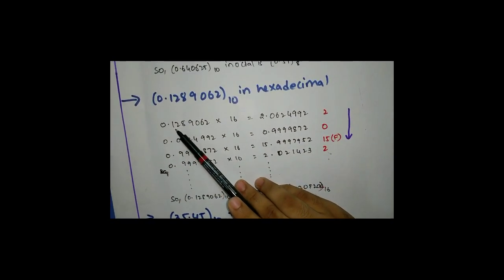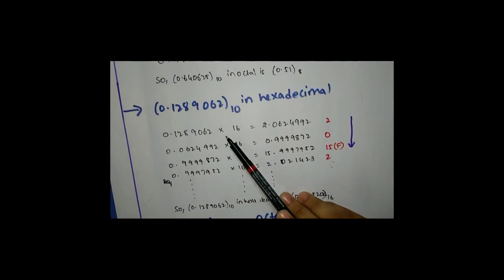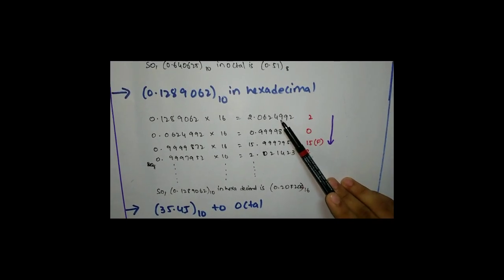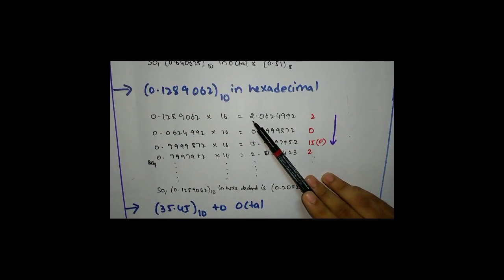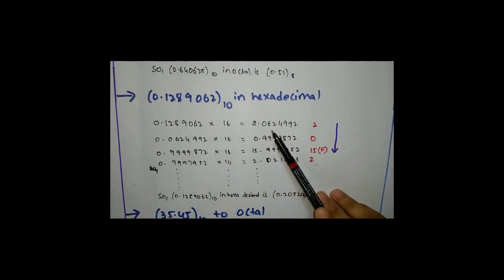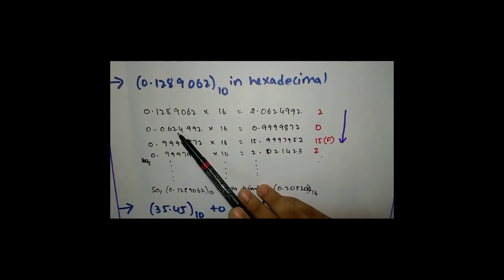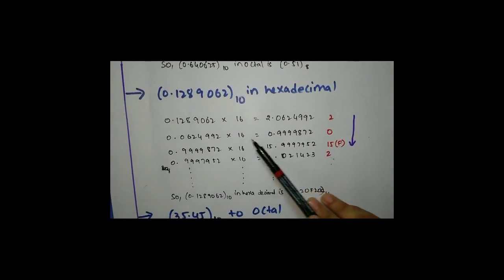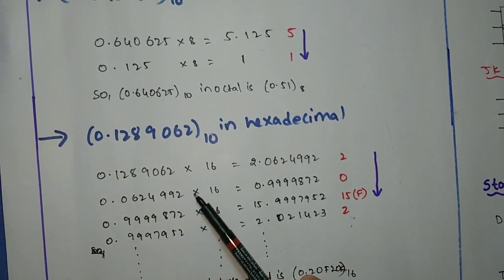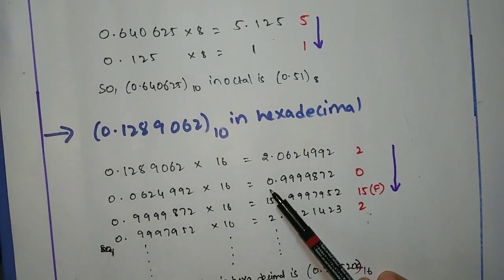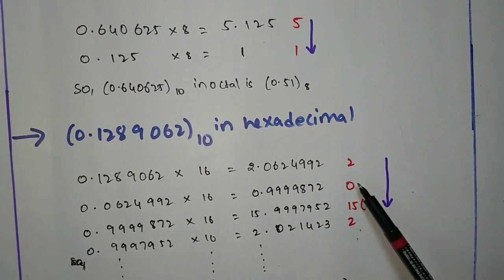So 0.1289062 into 16 equal to 2.0624992, where we keep 2 here, whereas again multiply this part into 16, 0.0624992 into 16, which gives 0.9999872, where we take here that part 0.